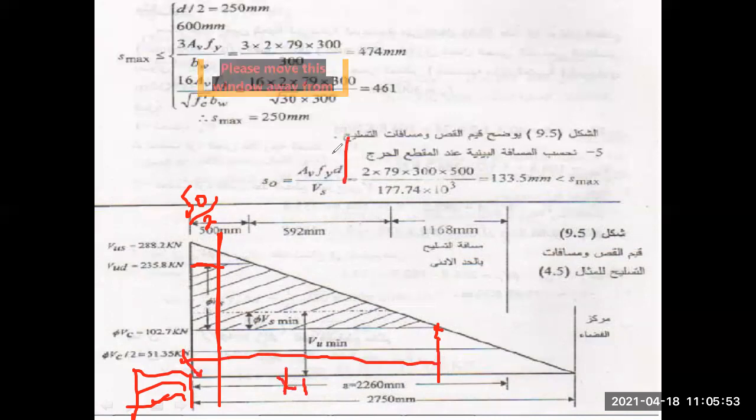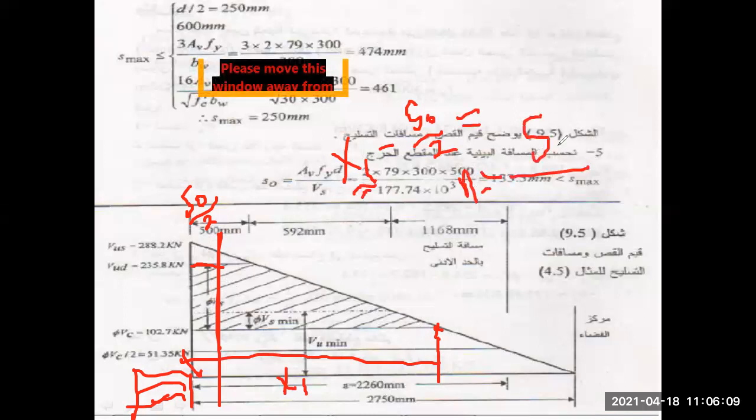So x1 minus S naught over 2 would give me the zone where I need shear reinforcement within. So once I got x1, the number of stirrups would be equal to x1 over its spacing. So you get a value like 4 point something, 3 point something, all right? So we round it up.